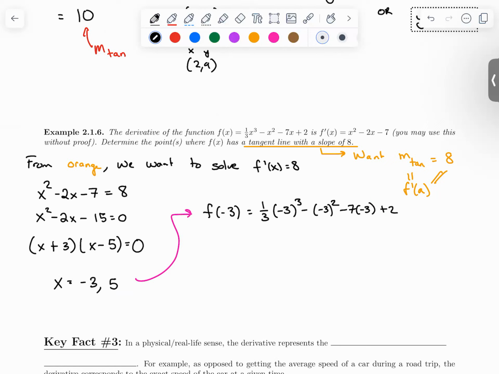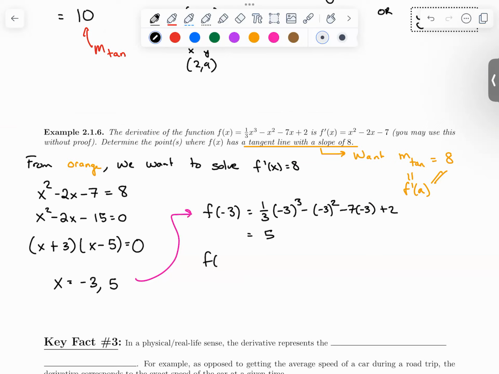And I don't have that off the top of my head, so, -3 cubed is -27, but anyway, let's let the calculator do the heavy lifting. -9 plus 21 plus 2. You get 5.